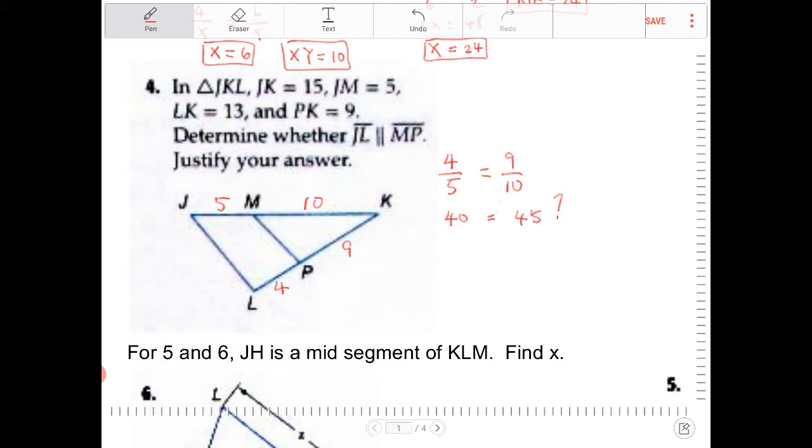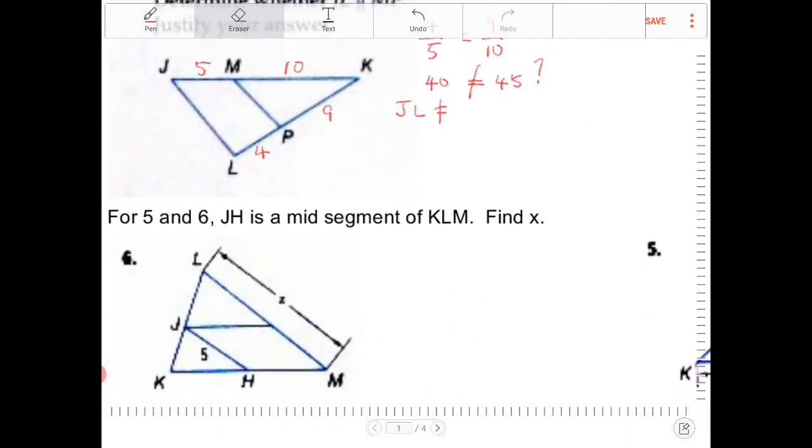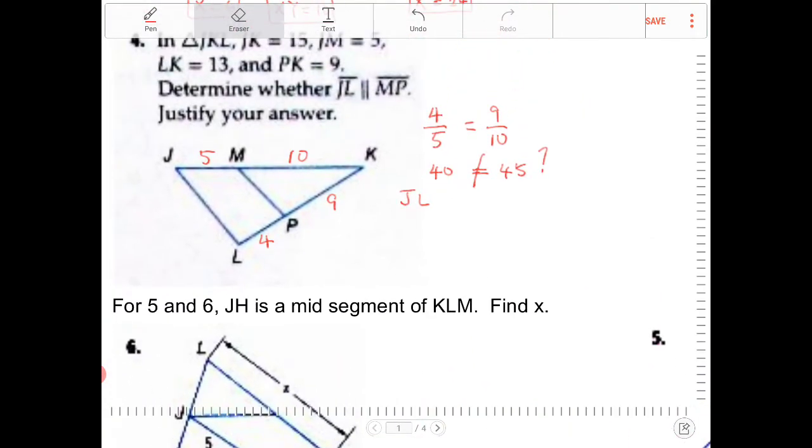That is not the same. So JL is not parallel to MP.